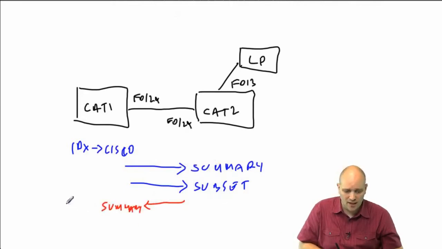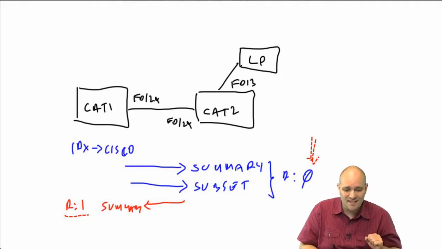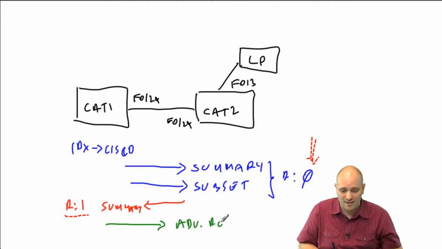But this one had the revision 1, while these two here had revision 0. Now, this message here will have a higher revision number than the one that we had on Cat1. This, in turn, triggers Cat1 to send out the advertisement request.